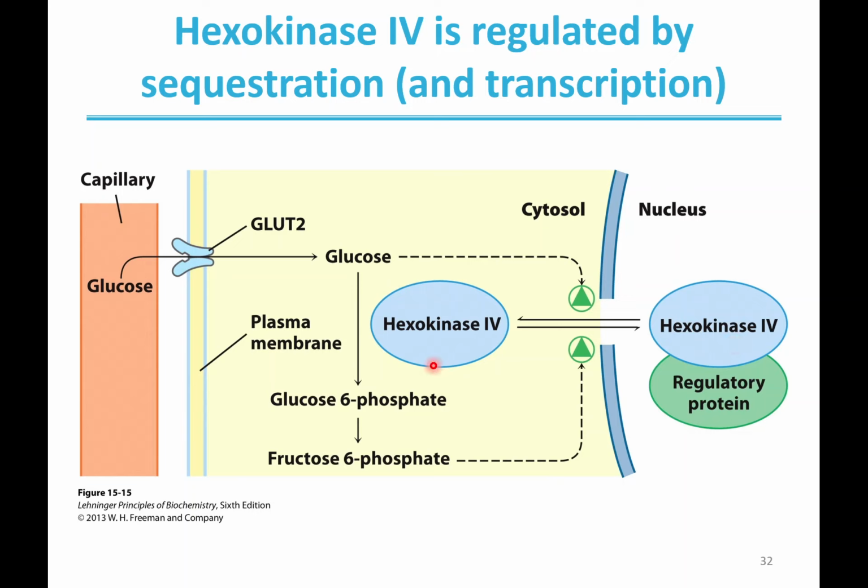Glucose also being converted to fructose 6-phosphate in glycolysis actually feeds back, and once that happens, you get the opposite effect. Hexokinase is sequestered back into the nucleus by the addition of a regulatory protein. So in that case, you have both transcriptional regulation and the regulation of sequestration into the nucleus.